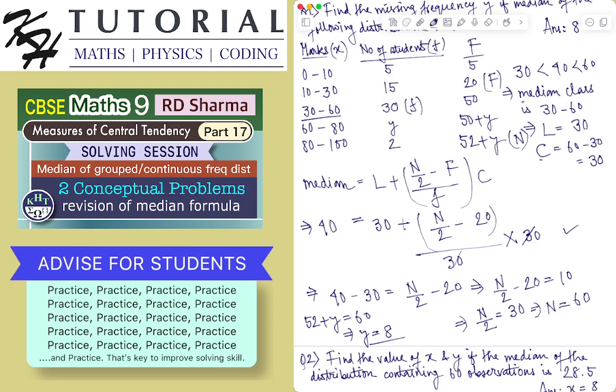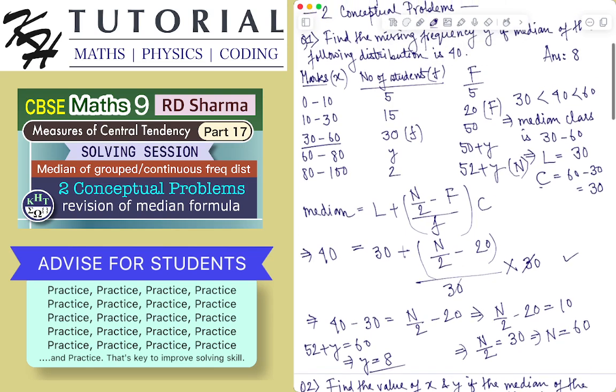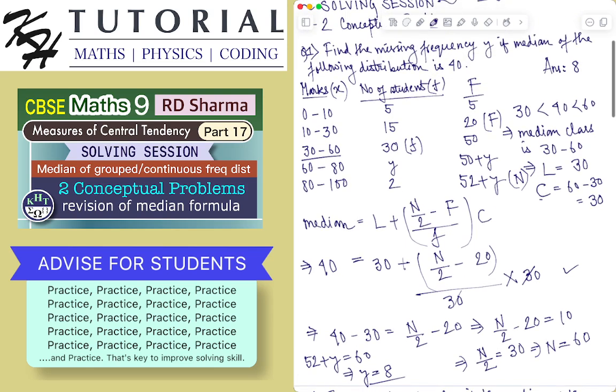Okay, I hope you got the idea how to solve this kind of problem from the fundamental concept that once we are given the median, then we can easily locate the median class, and from the median class we will get the value of capital L, we will get the value of capital C, and maybe we will also identify the small f and capital F. Maybe the small f and capital F will have some variables, whatever it be, you will be able to solve for the unknown variables.